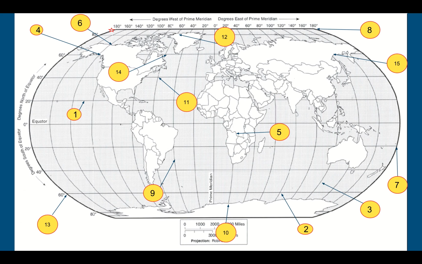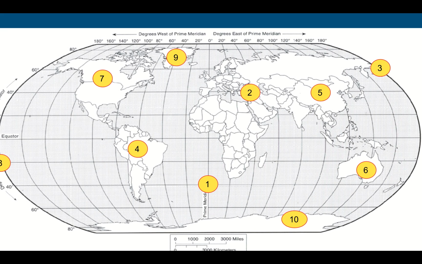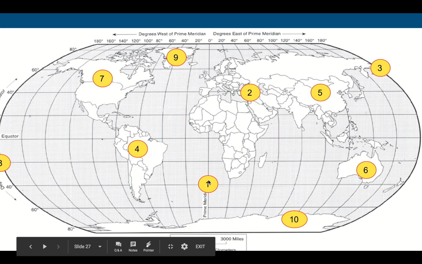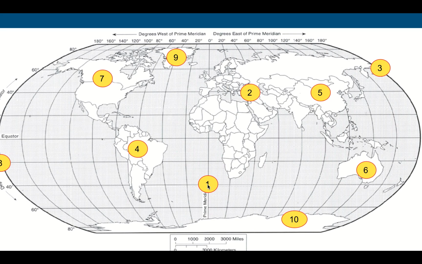Next slide. So this is questions 1 through 15. And on the next slide, you will fill in the box points 1 through 10. There are no arrows for points 1 through 10 at all, but you still have to find the location for latitude and longitude. Right here, they're pretty straightforward because they're either on a line or in the middle of two lines.